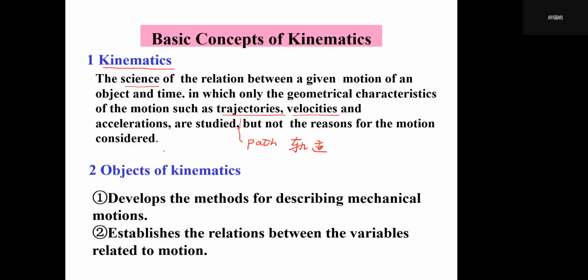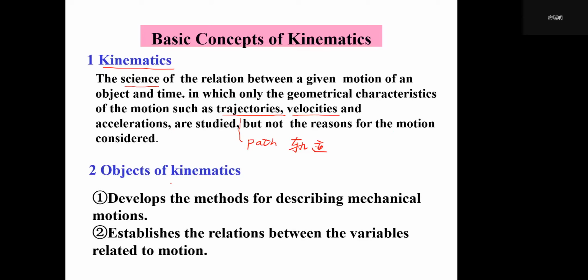It means we only focus on the relationship between trajectories, velocities, and accelerations, but we do not think about why it has this kind of motion, right?